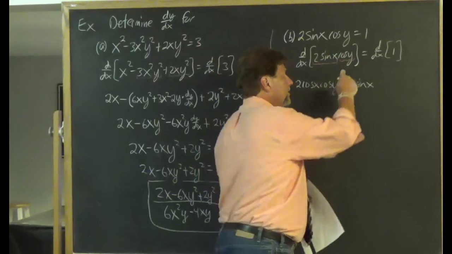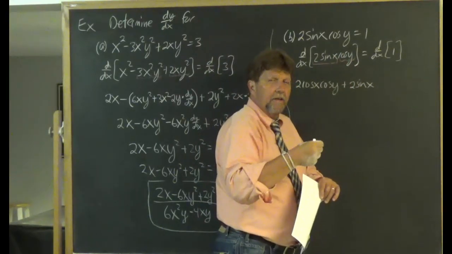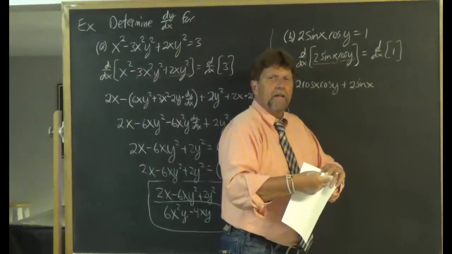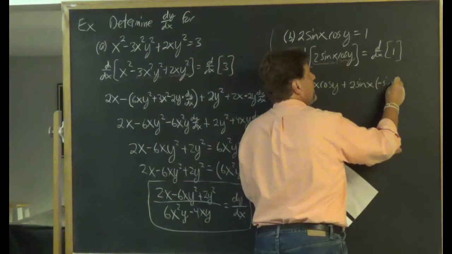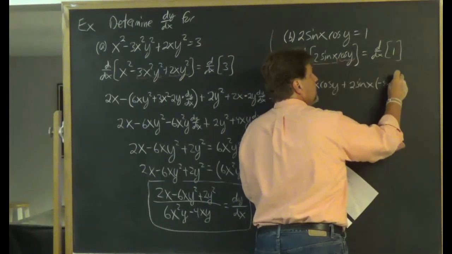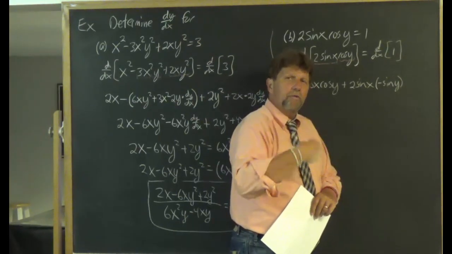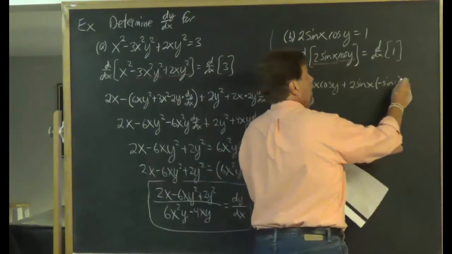Now remember, y is a function of x. It's an f of x. So when we differentiate that, we know the derivative of cosine is negative sine. So we have negative sine, that function of x, it's just y. Then you have to do the chain rule, the derivative of that function of x. It's dy/dx.